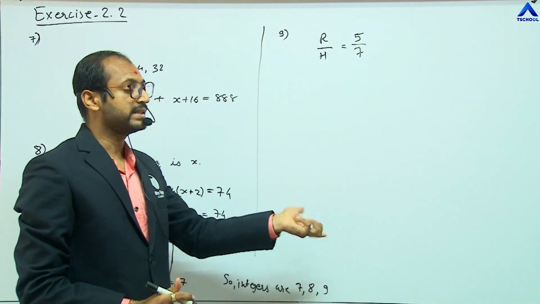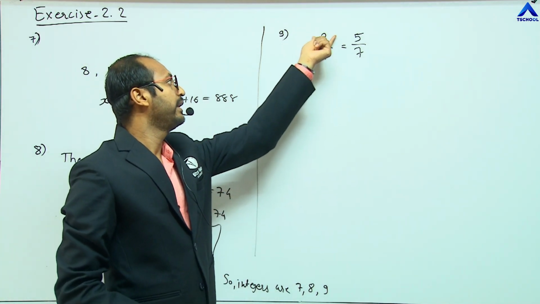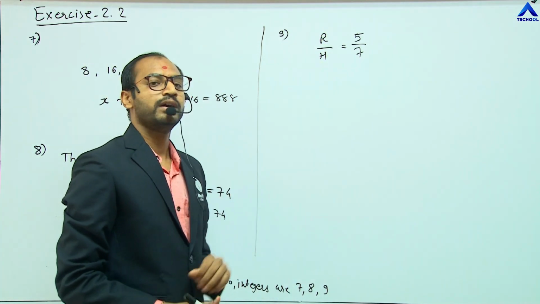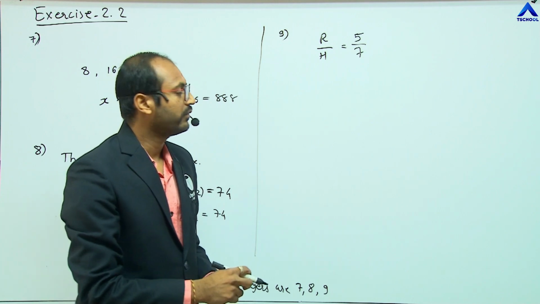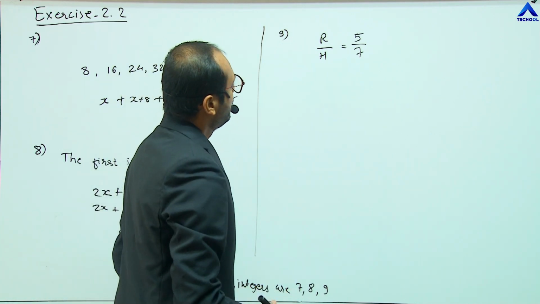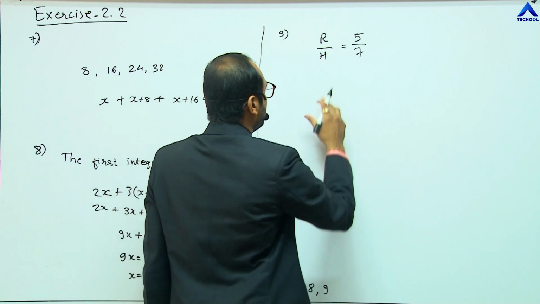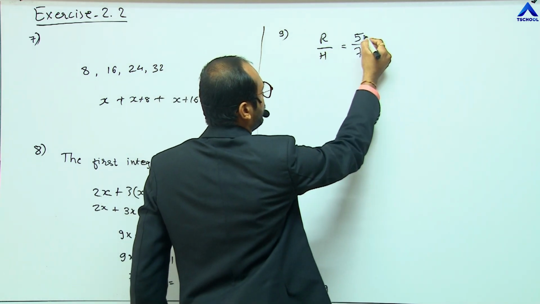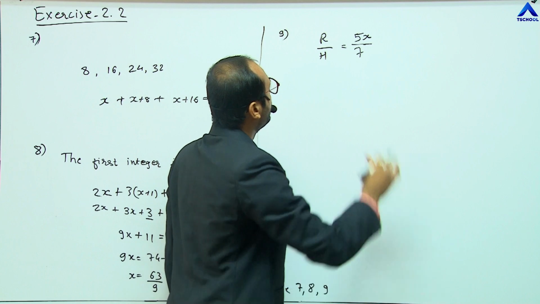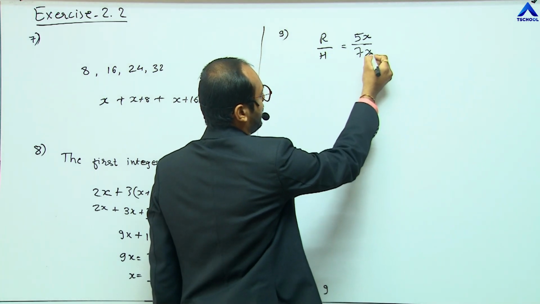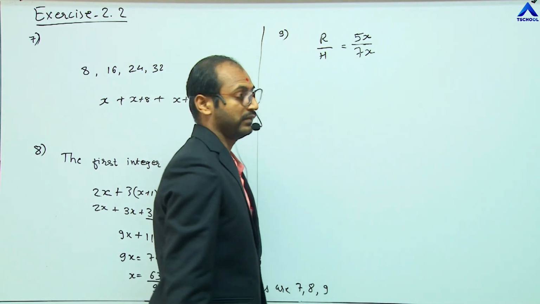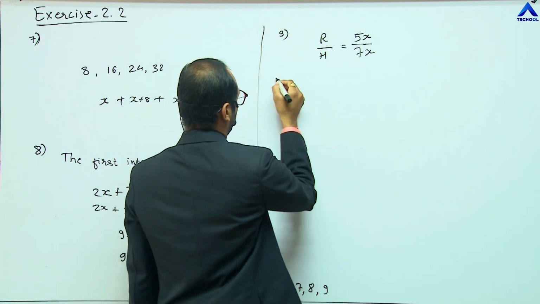We don't know the exact age of Rahul as well as the exact age of Harun. So we are considering that suppose Rahul's age is 5x and Harun's age is 7x. We have to consider these things.